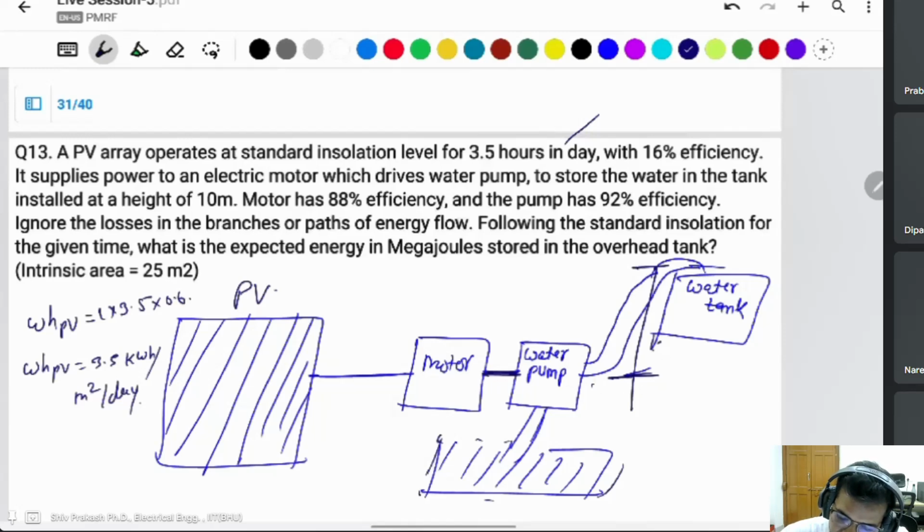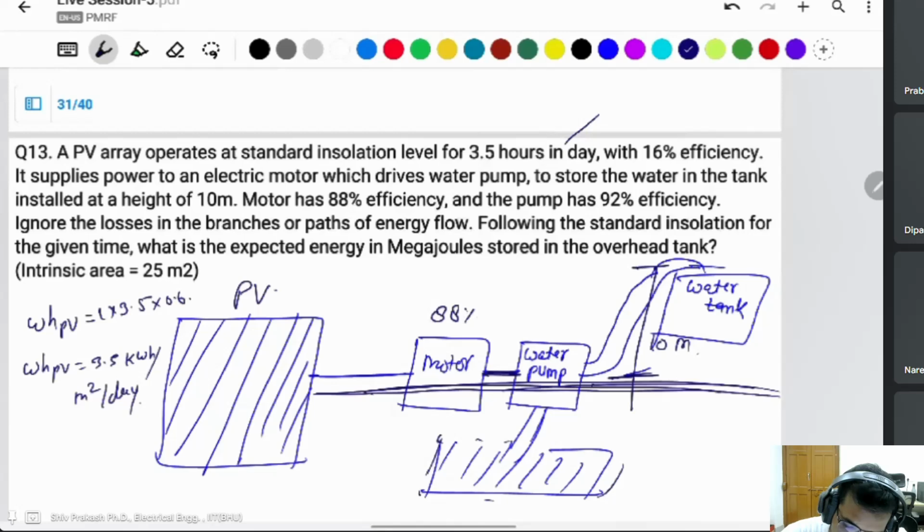Okay, this is the 10-meter height. All of this is at ground level. The motor has 88% efficiency. The pump has a 92% efficiency. Ignore the losses in the branch path.